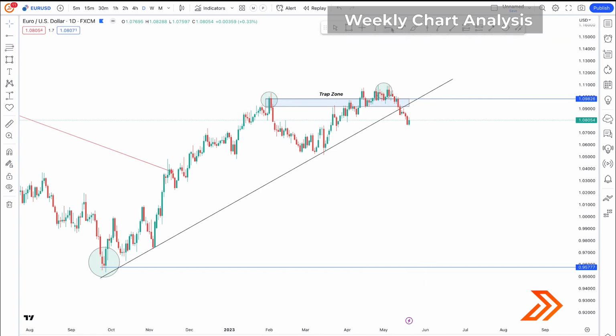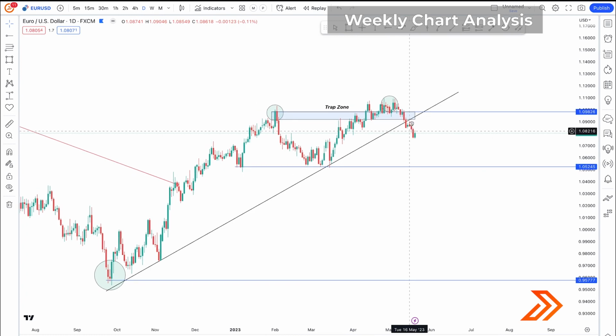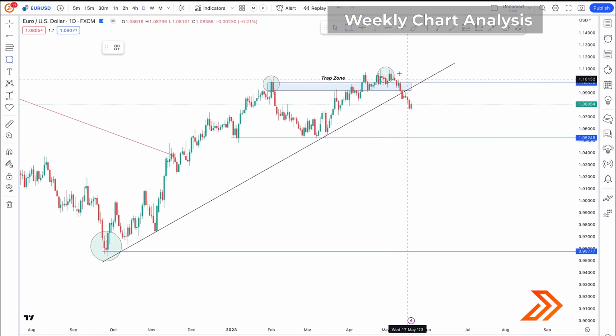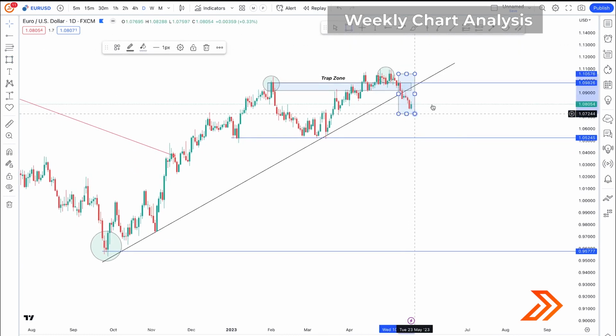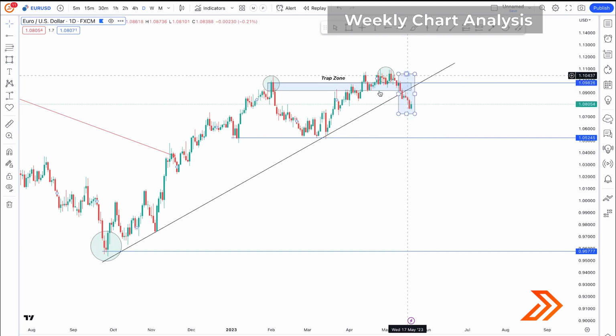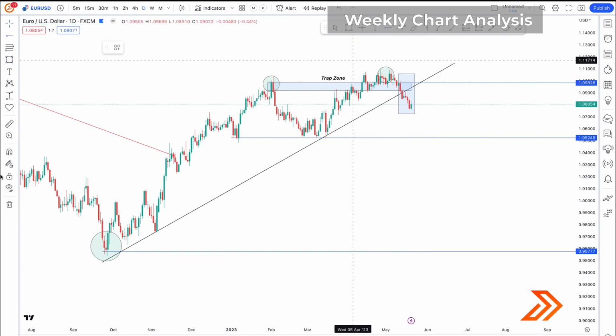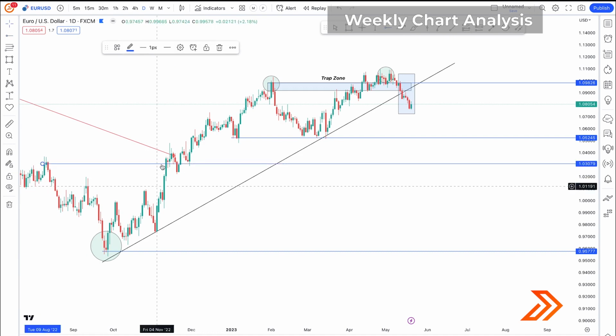This is the neckline of this trap zone. And if you notice, price has been dropping on EUR/USD from this high that was created there, which means we should be expecting further bearish movement on EUR/USD, guys.